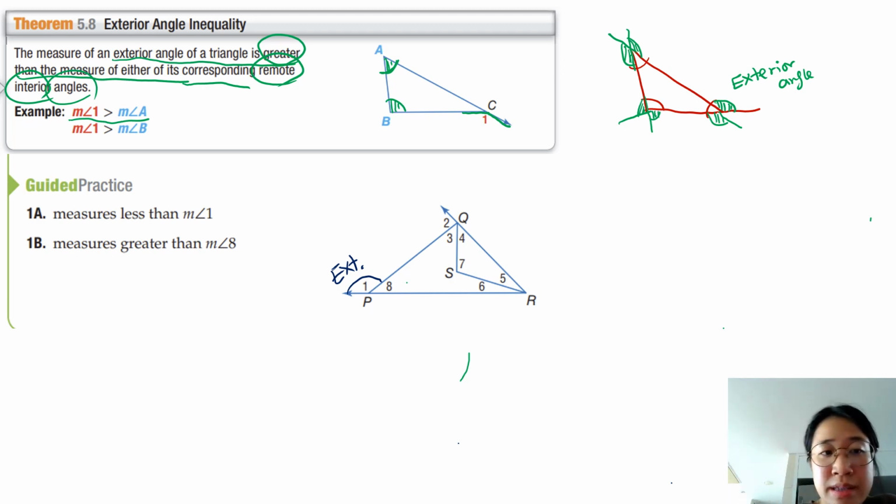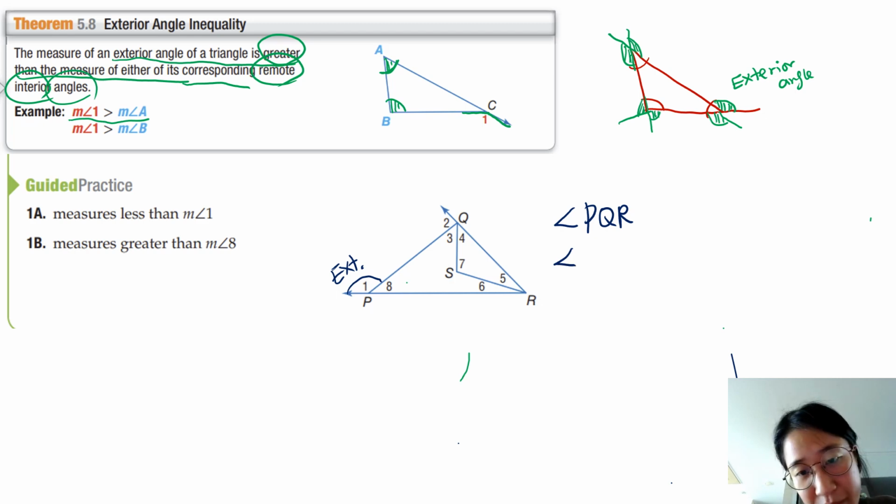So by theorem 5.8, what are the remote interior angles of this triangle to angle 1? That will be angle PQR and angle QRP.